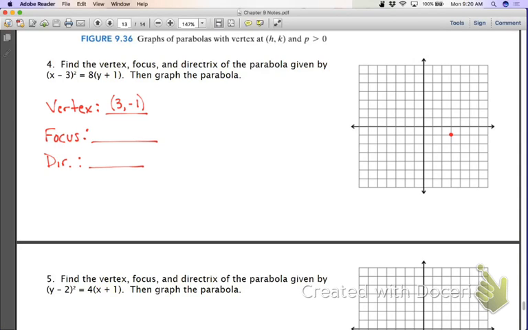So then I first have to find my p-value. 4p is just equal to whatever number is right there, so 4p is equal to 8. What's p equal to? 2.